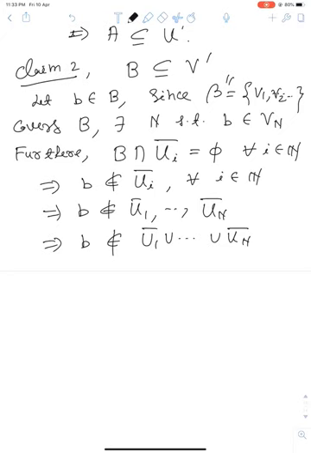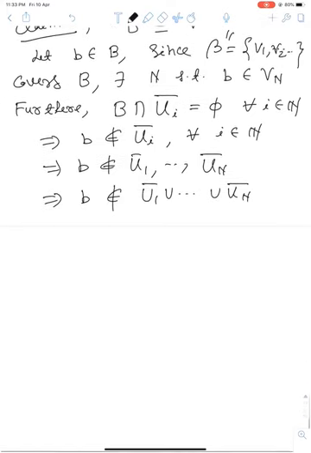Now since b belongs to Vn and b does not belong to their union, we can subtract that part. So there is no harm, right? Now that will imply b belongs to Vn minus this.